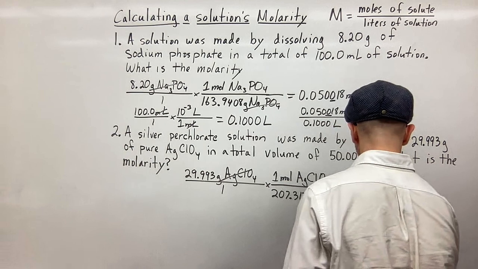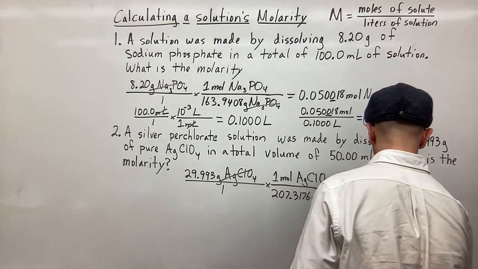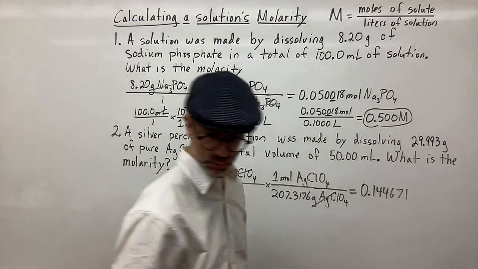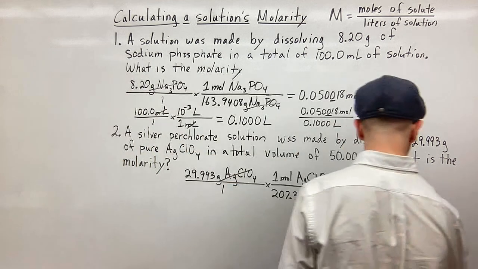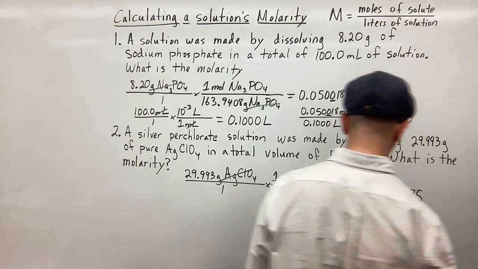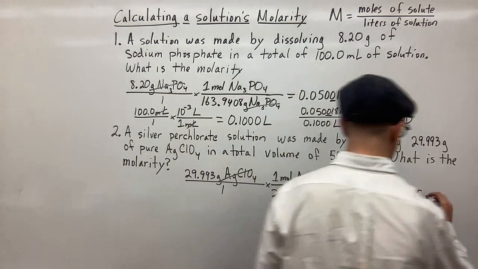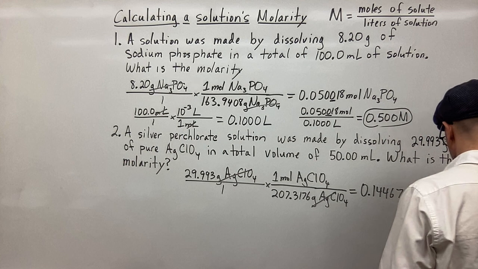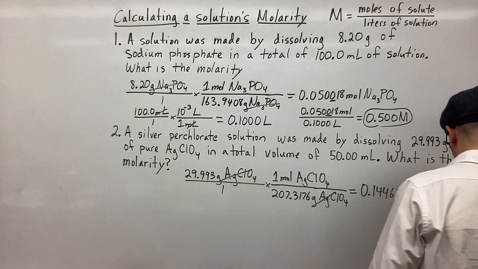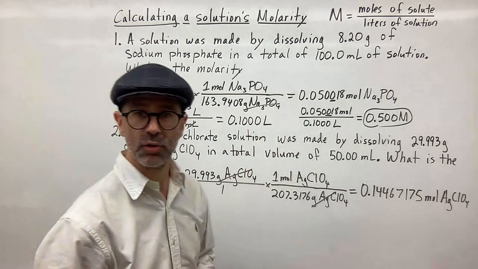0.144671. Let me double check. 0.1446717. All right, so that's what the calculator gave us. That's moles of the AgClO4.